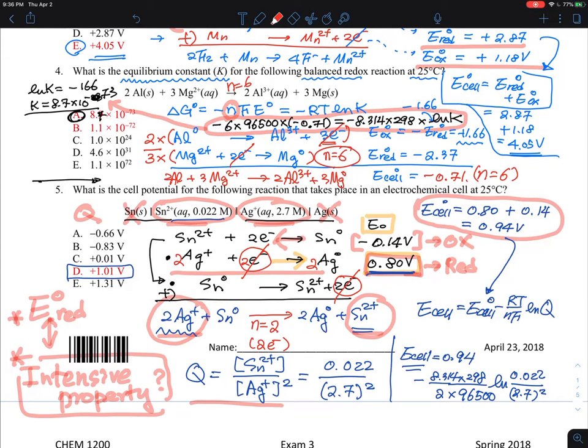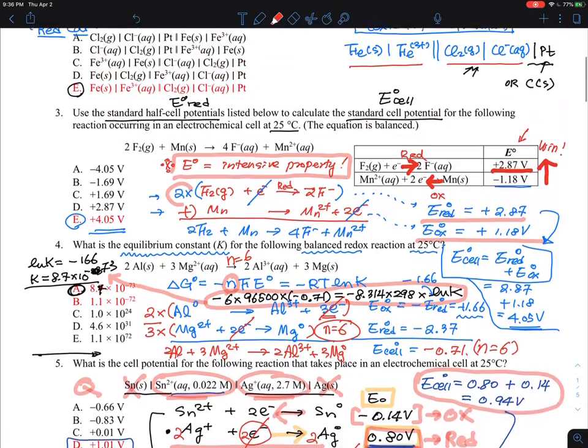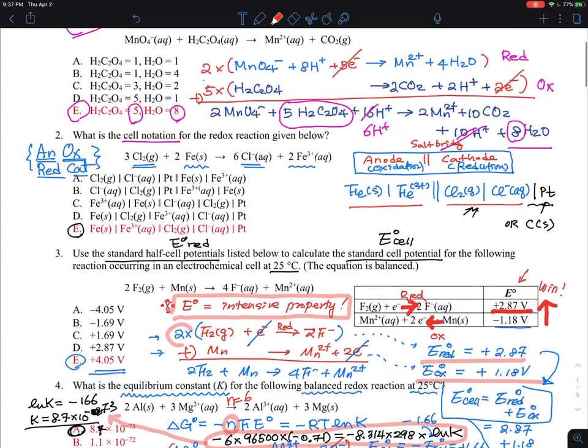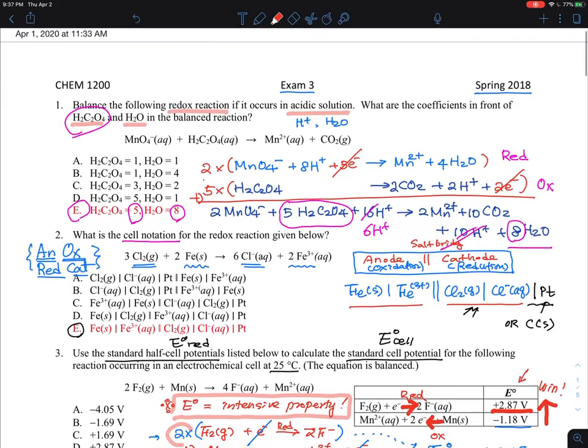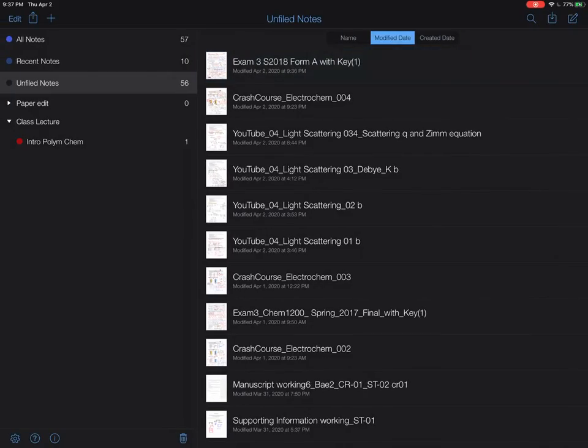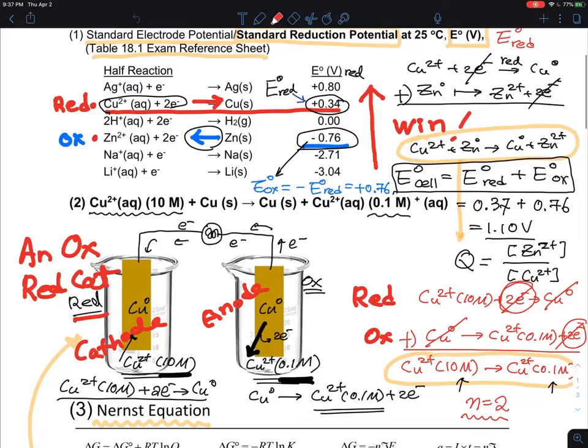Okay, so is the oxidation value always going to have a negative E naught? The answer is no, right? Oxidation is always going to lose an electron. Okay, so let me show you this way. I don't have a table with me, so let me go to my crash course and show this value.